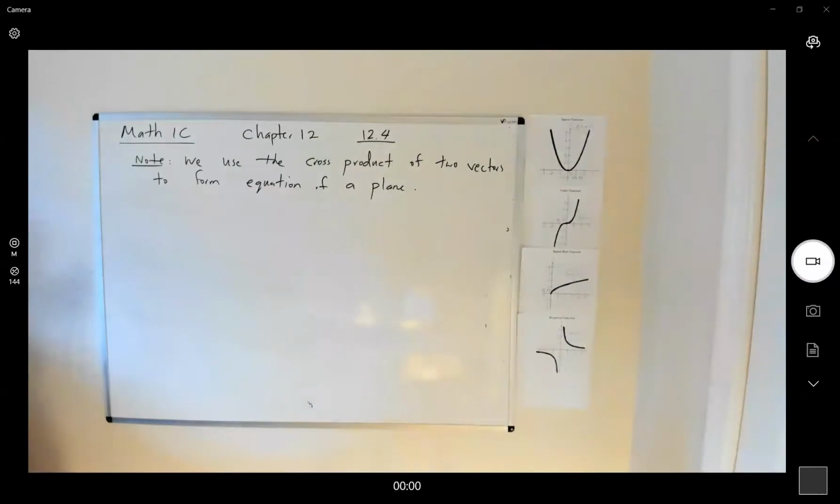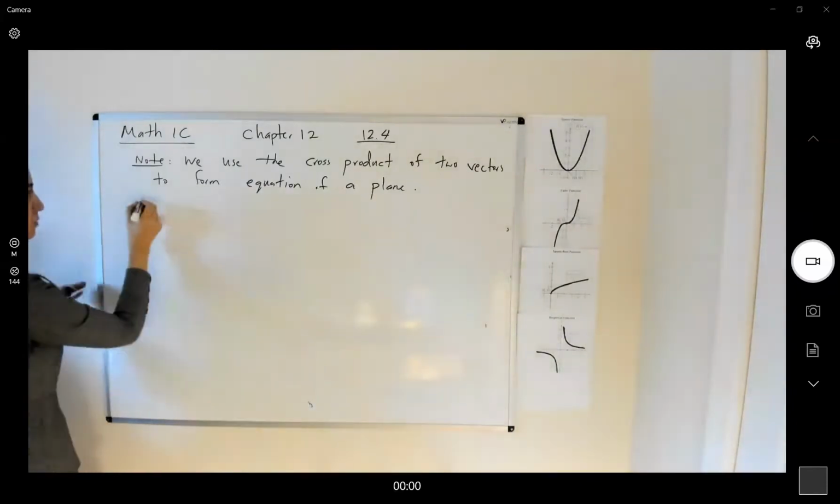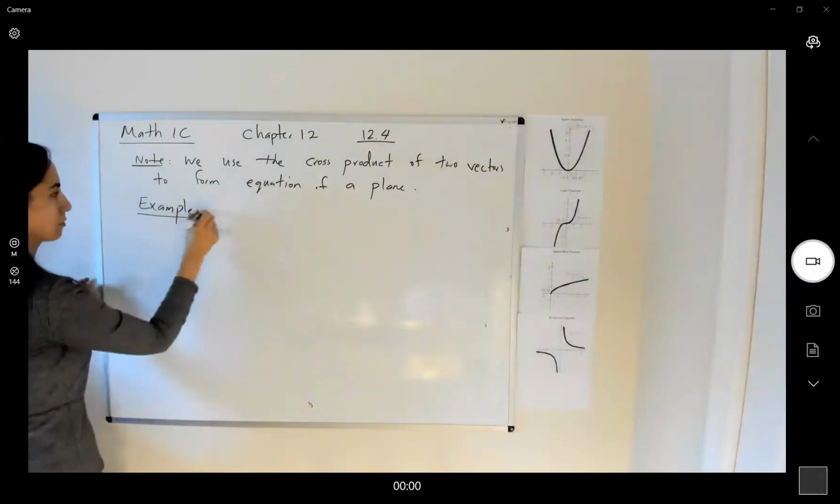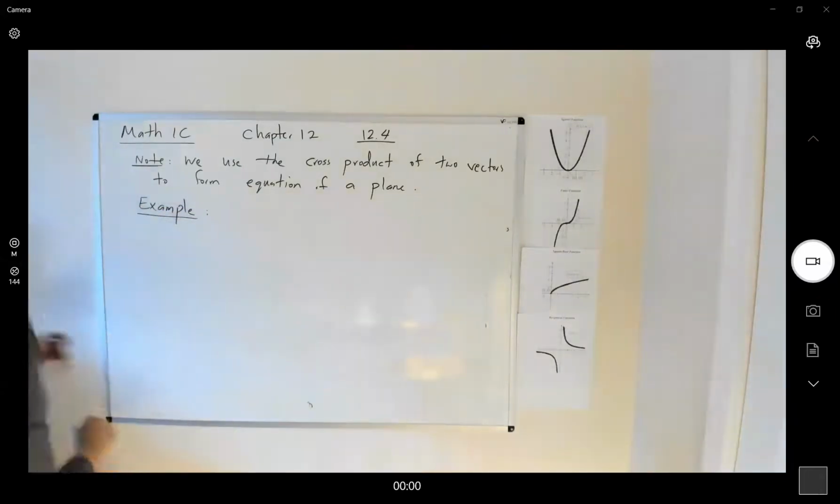So let's go over one example together. Example. This example says you have the following vectors and 1 point.